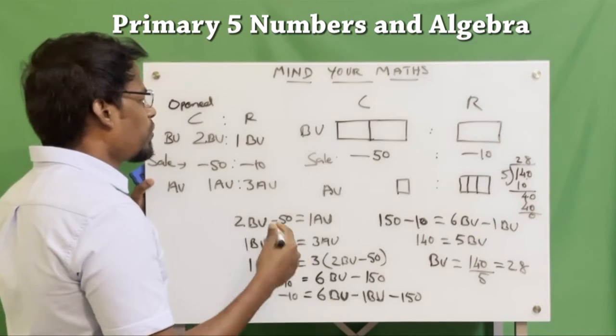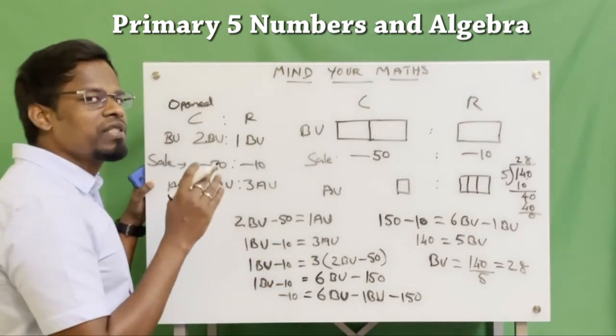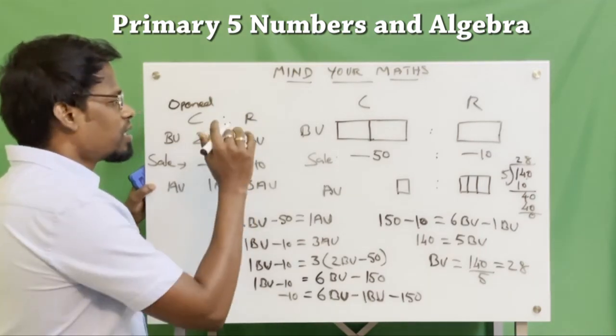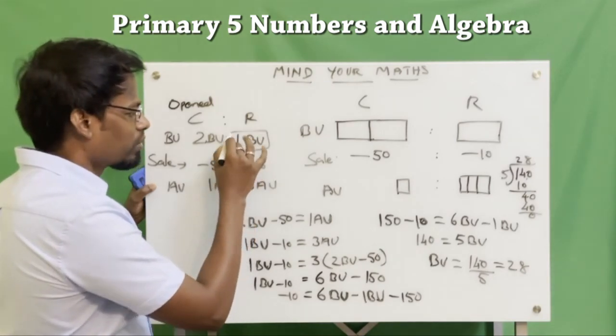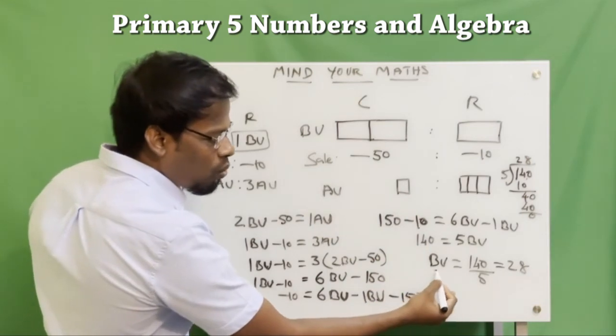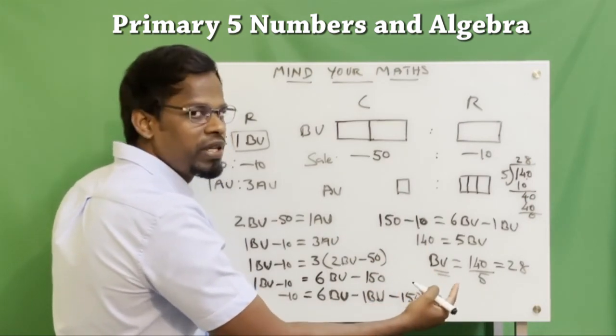Let's check what we actually need to find as per the problem: how many roses were there when the shop was originally opened, right? Which was only 1 BU, which is this box. So we found 1 BU. BU or 1 BU is the same, since 1 time BU is BU actually.